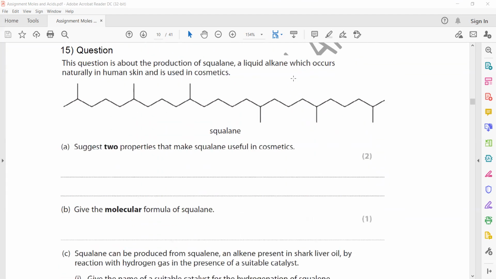In question 15, this question is about the production of squalane, a liquid alkane which occurs naturally in human skin and is used in cosmetics. It suggests two properties that make squalane useful in cosmetics. So it's a general property. For example, because it is used in cosmetics, if something is used in cosmetics, it should not be reactive.